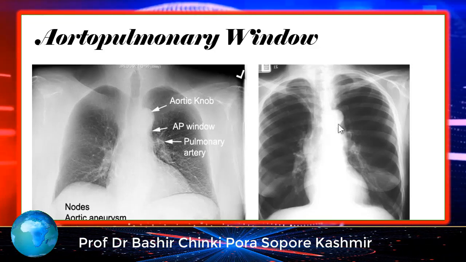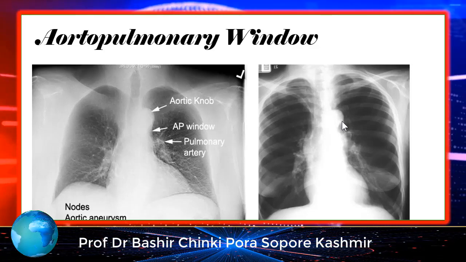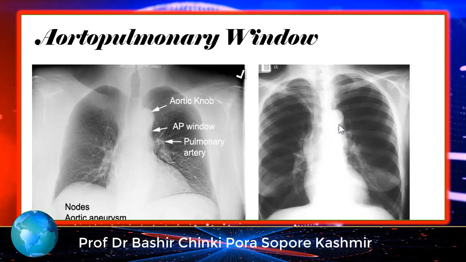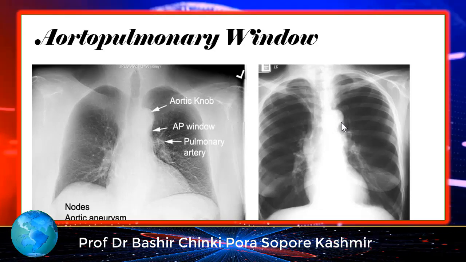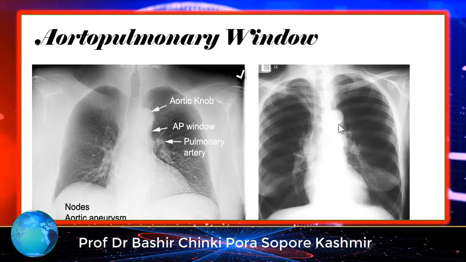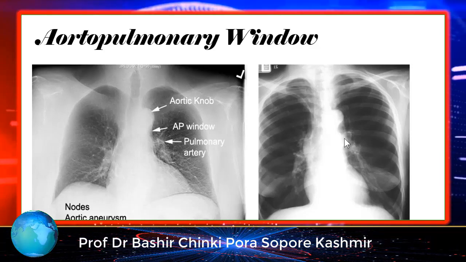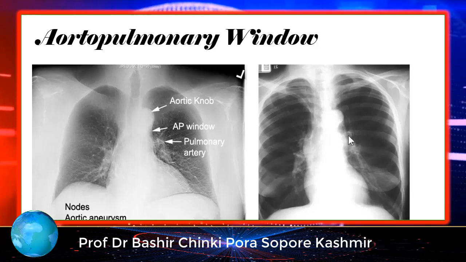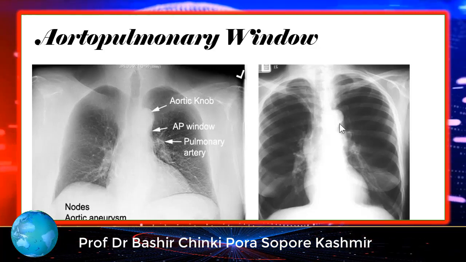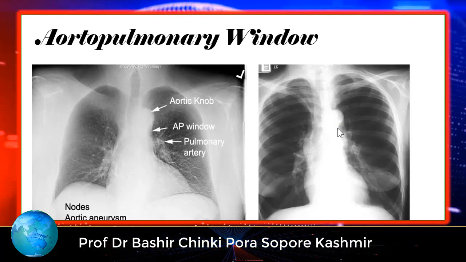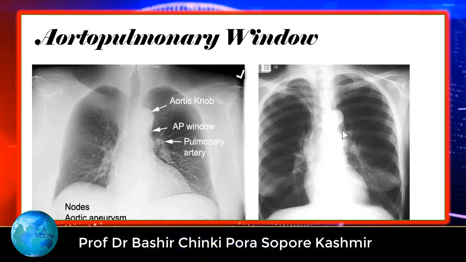This can be seen here also. This is the inferior border of arch of aorta, or the inferior border of aortic knob, and this is the pulmonary artery here. So between the pulmonary artery and the inferior border of aortic knob is the concavity, which is called as aortopulmonary window.